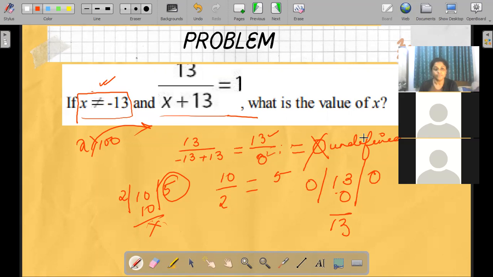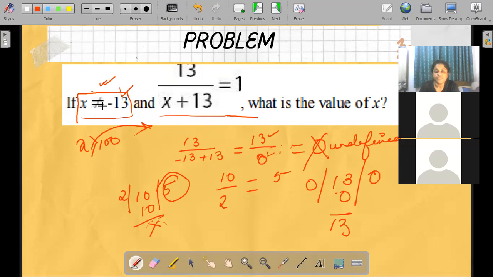All right. So keeping that in the picture, that is why this problem has exclusively stated take any value of x, but x is not minus 13. Why? Because as soon as you make this minus 13, this entire fraction becomes undefined, which is not my objective. Clear?